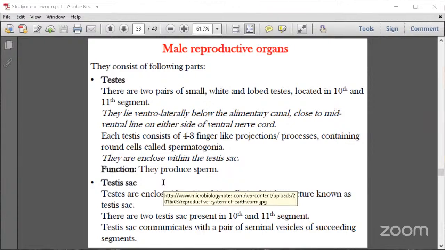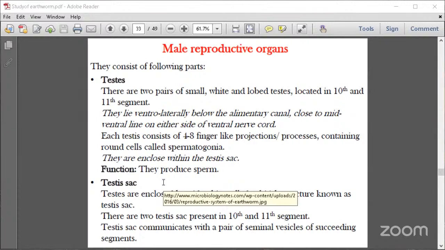As we know, the male reproductive organs contain the testis. There are two pairs of small, white, lobed testes located in the 10th and 11th segments. They lie ventrolaterally below the alimentary canal and close to the mid-ventral line on either side of the ventral nerve cord.